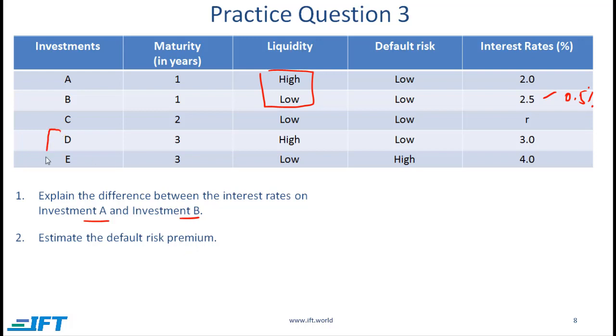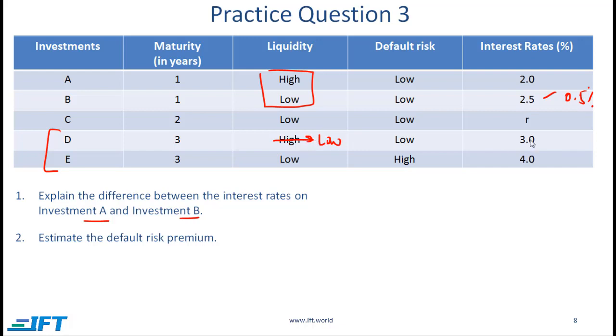If you look at investments D and E, notice that they are both 3-year investments. They have a different liquidity in the sense that D is high liquidity, E is low liquidity, default risk is different, and interest rates are different. What we need to do is make the liquidity the same. Let's say that D for some reason goes from high liquidity to low liquidity.